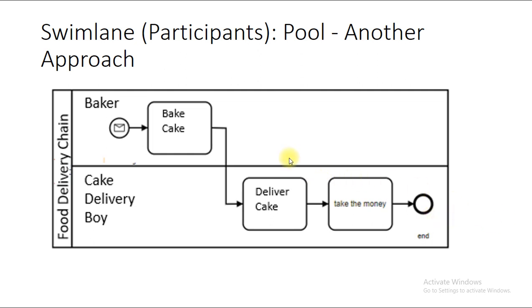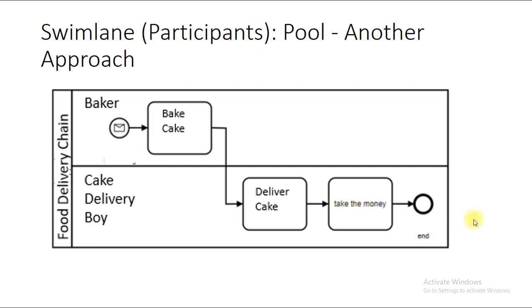So the first lane belongs to a baker who bakes cake upon an event message notification, which is a start event indicating an order to bake cake. And then he does bake cake and passes the cake to the second lane, which is the cake delivery boy's lane, and by virtue of a sequential flow, this arrow is a sequential flow, he passes that cake to the cake delivery boy, who delivers the cake in a task and then takes all the money, and he comes to the end of the process.